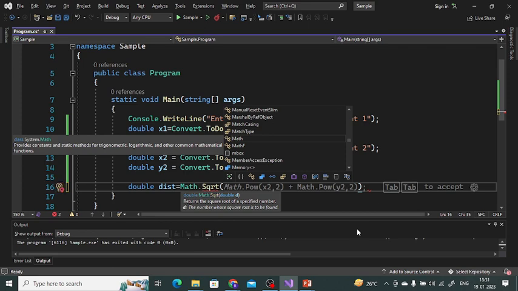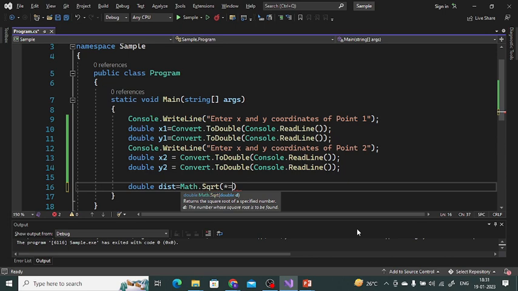It's so intelligent. It is understanding that you want to find the distance between the 2 points. But obviously the formula is not the same, so don't get carried away by that. So I want y2 minus y1 the whole square. Just to make it simple, I'm multiplying it by y2 minus y1 again, so it becomes a square.